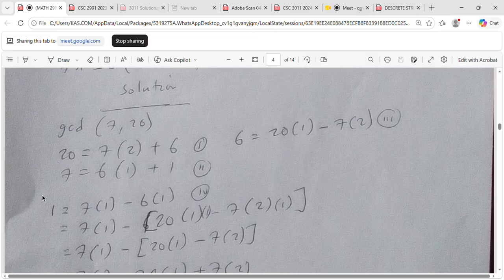Let's just send this in the group. 20 is equal to 7 times 2 plus 6. 7 is equal to 6 times 1 plus 1. 6 is equal to 1 times 6 plus 0. Then 1 is equal to 0. So this is the GCD, greatest common divisor.